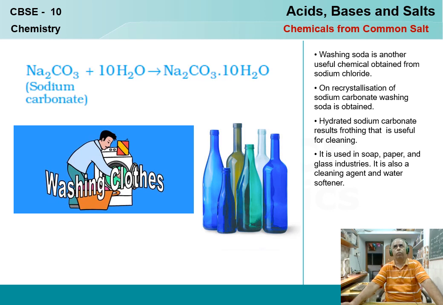It is useful for making glasses. It's a cleaning agent as well as it softens the water. That is, it acts as a water softening agent. It removes some salts from water so that the water becomes potable also.